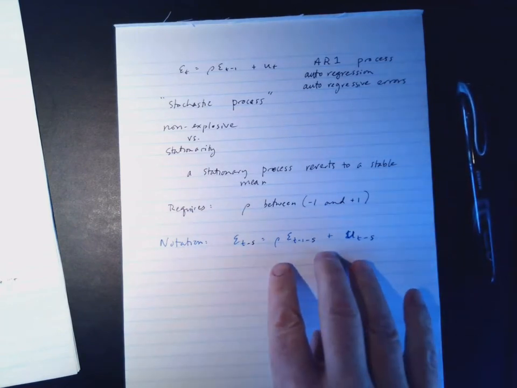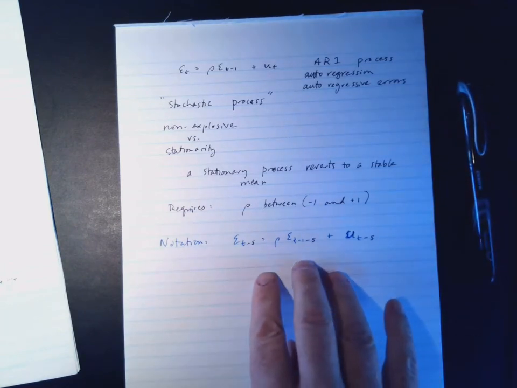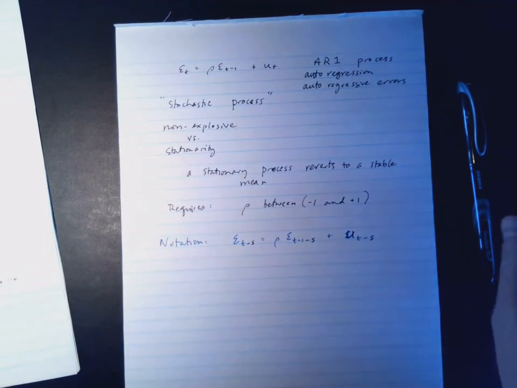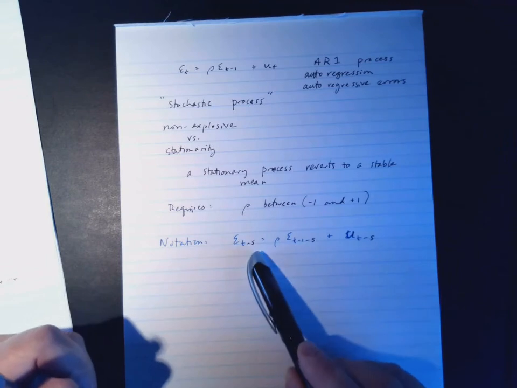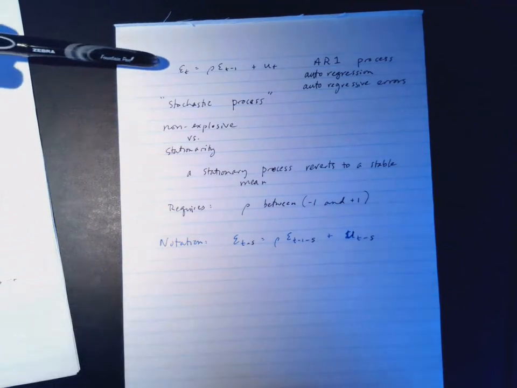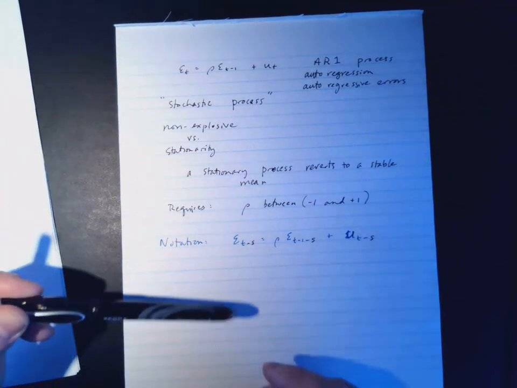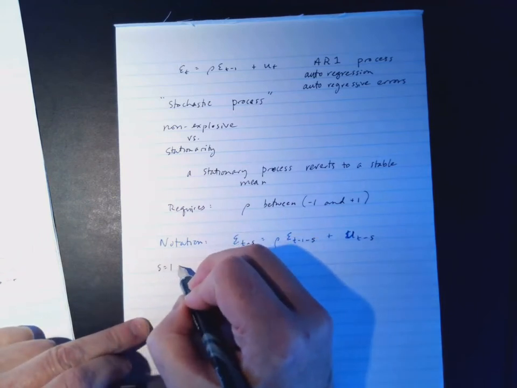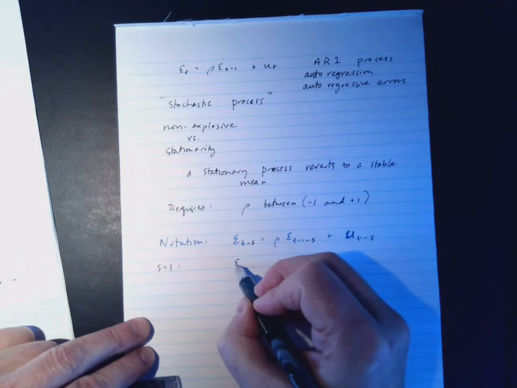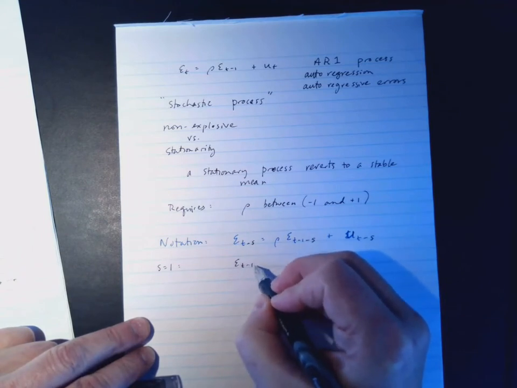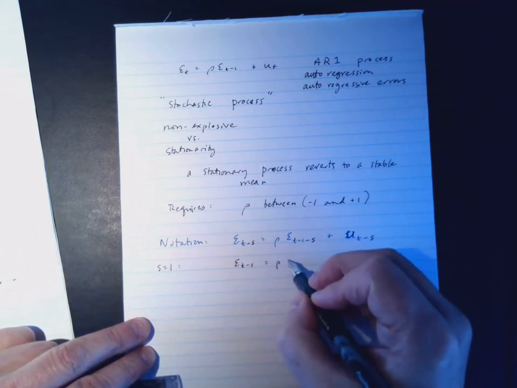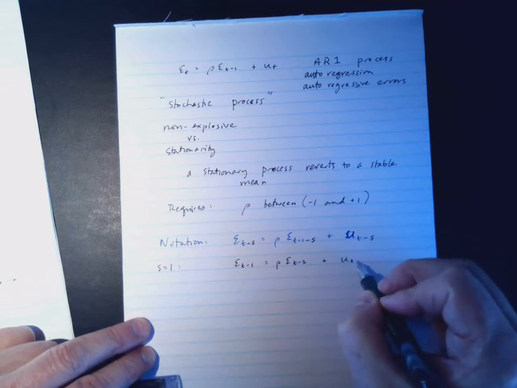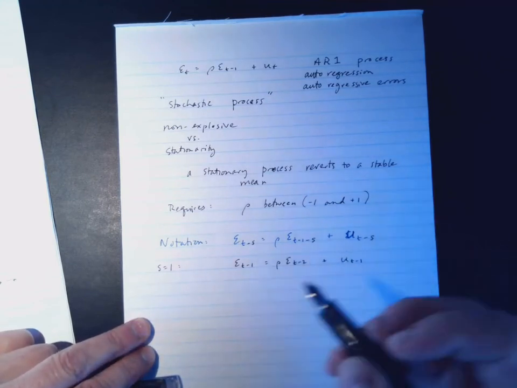In a sense, all I'm doing is shifting my observation s periods in time. So if s equals 0, that's just the same as this expression here. If s equals 1, then epsilon t minus 1 equals rho epsilon t minus 2 plus u t minus 1.